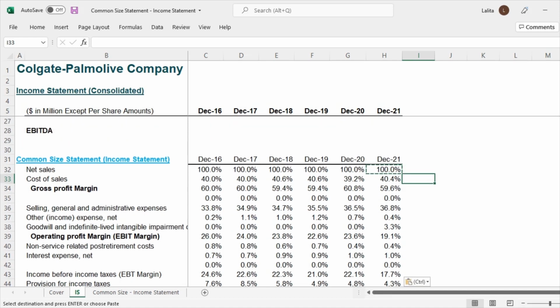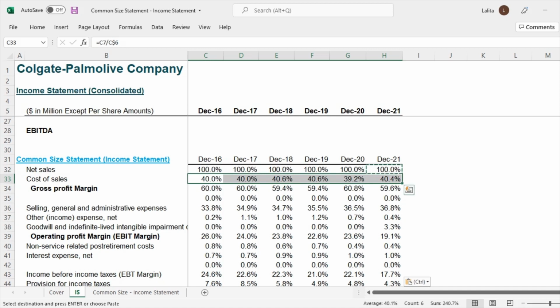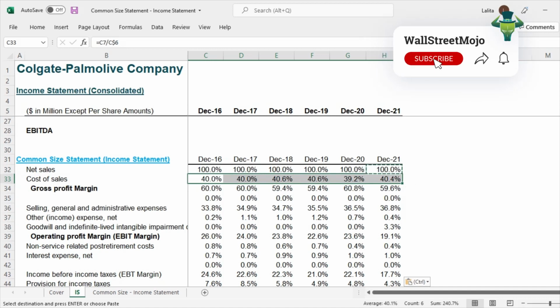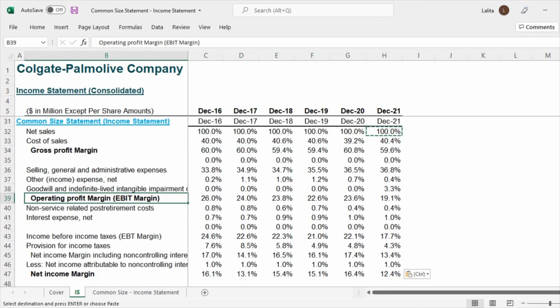So here you go. Cost of sales. Look at cost of sales. 40%. It has been 40% throughout, in most cases, right? In and around 40% for the past 6 years. So this is a wealth of information. Likewise, let's look at the operating profit margins or EBIT margins. It was 26% and now it is 19.1%. So it is showing a downtrend.